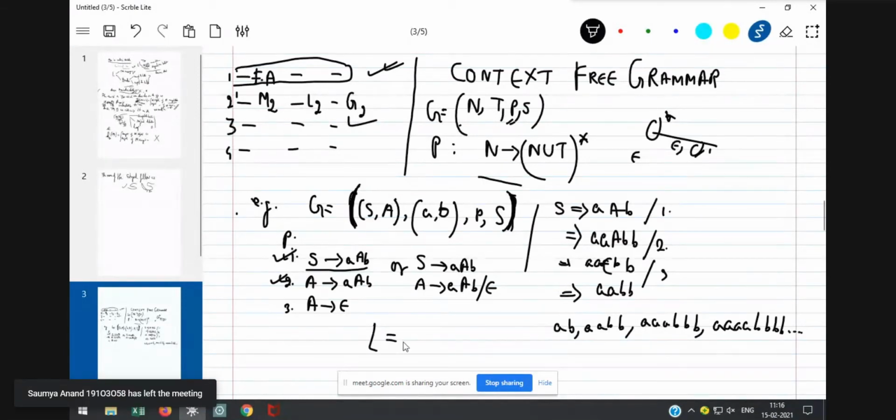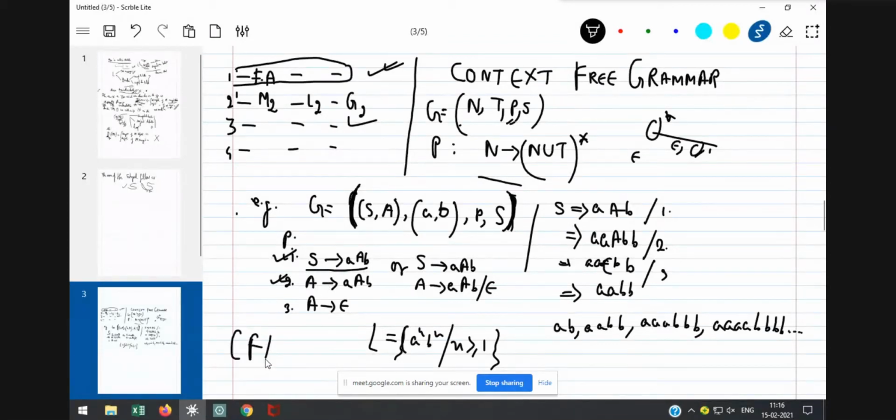So the language derived using this particular grammar will be a to the power n, b to the power n, where n is greater than or equal to 1. Okay, this is the language. Got it? Practice is the only tool by which we are able to understand the languages. Now see here, the given grammar is a context-free grammar, and the language derived from this particular grammar is known as a context-free language. Okay, this is one example.